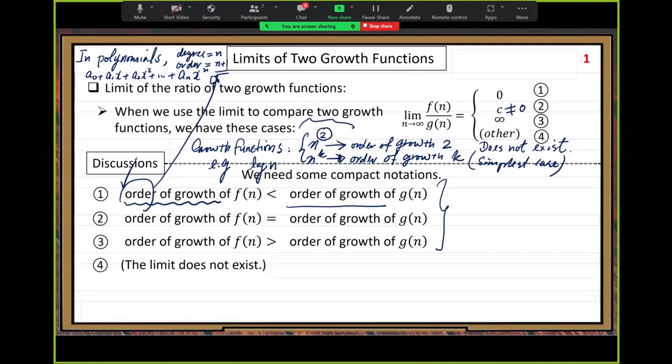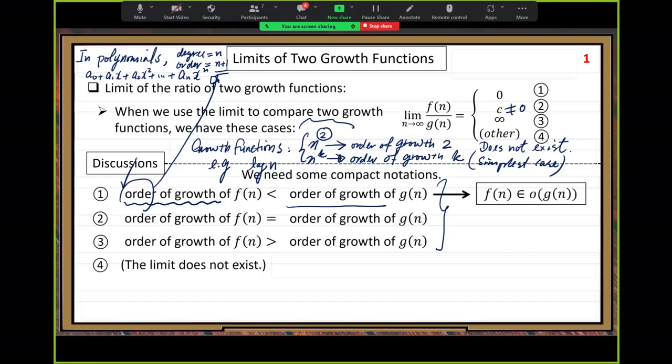You need to write many words, so the expression is not that simple. So we want a very simple representation, and we need to introduce new notations for the first three cases.